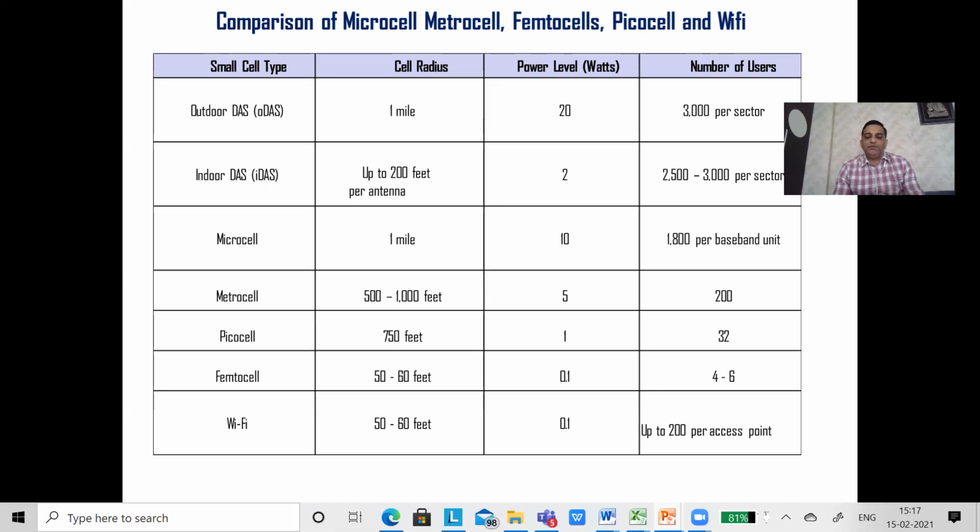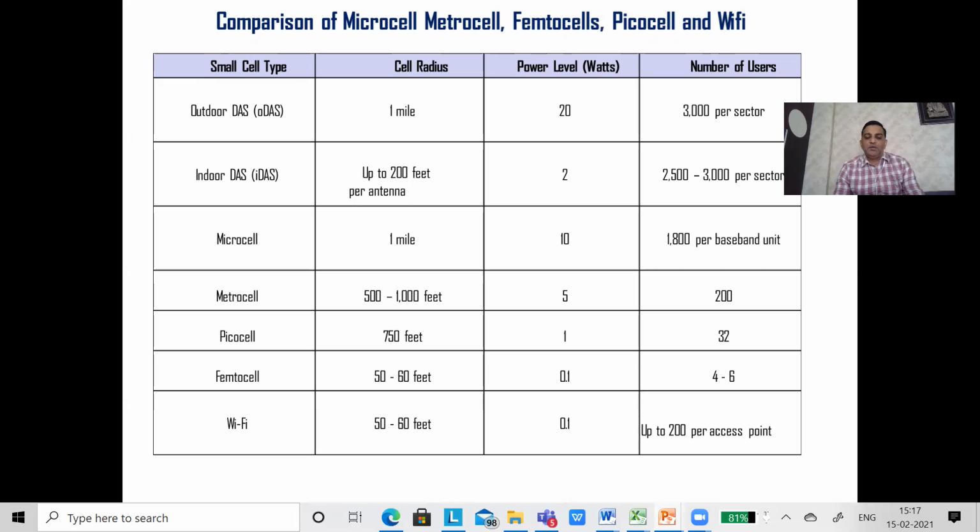Active DAS consists of a wide network of antennas that are connected to the base station using fiber, Ethernet, and coaxial cabling. These antennas collect the signals from the particular cell carrier networks and send them to the base station, where the signals are enhanced and then redistributed through all rooms of the building using a system of internal antennas.